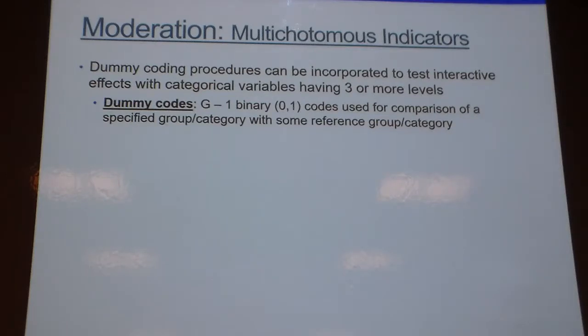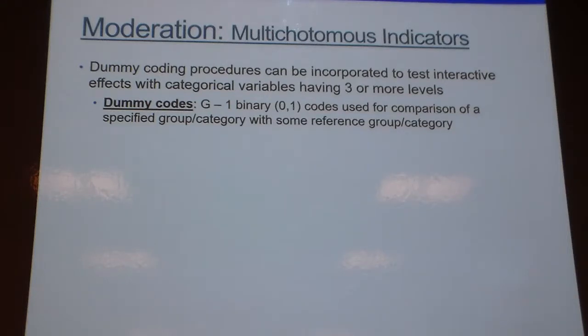Okay, so if we are running an experiment, right, and we have some sort of control group and then 2 experimental groups, what we might do is we might set that control group as our reference group, and then create dummy codes to compare each one of our experimental groups to that reference group. Okay, so with a dummy code, what we're going to end up with is G-1 codes that's going to compare each group to the reference group.